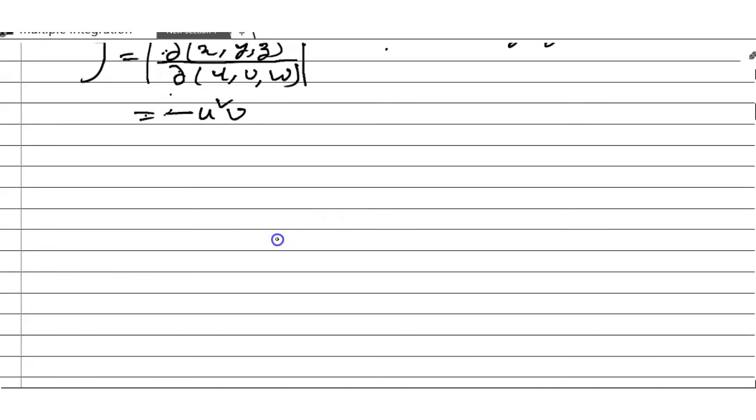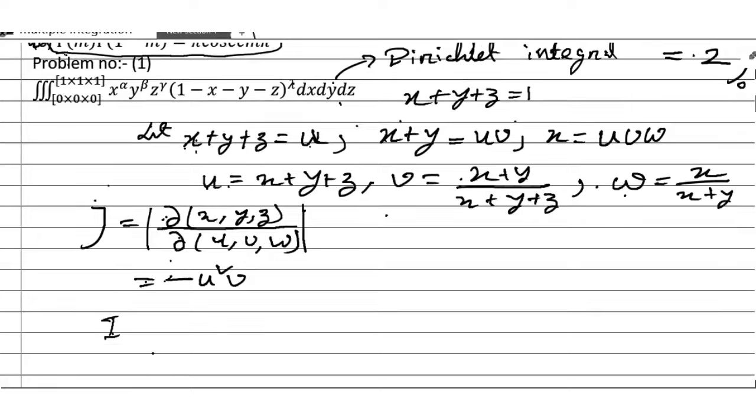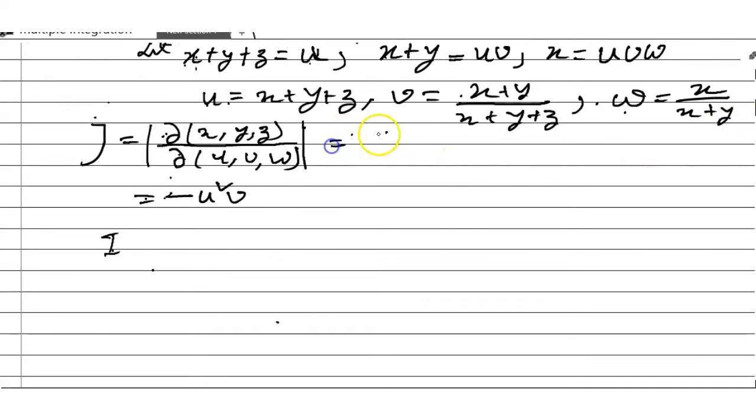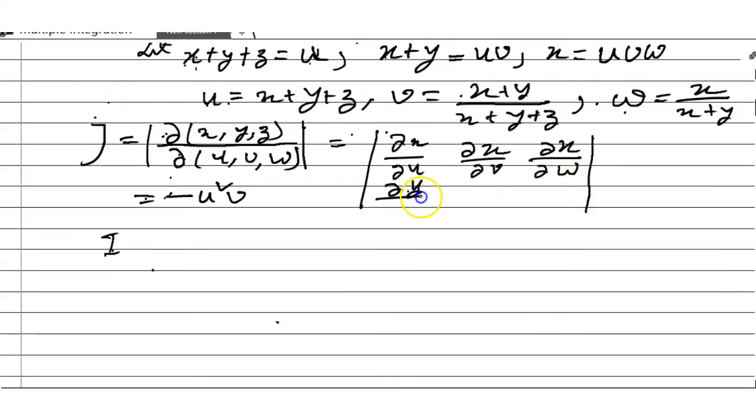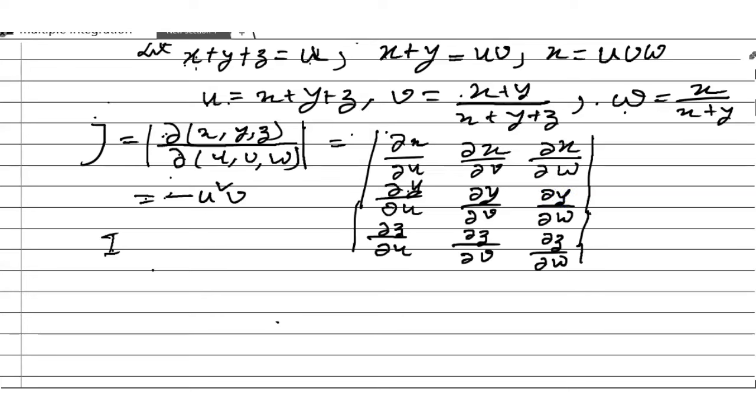Now I equals, so friends, what is the main problem? This is the Jacobian. Jacobian is transformation. The transformation is u squared v, because the Jacobian formula is the determinant of del x by del u, del x by del v, del x by del w, and del y by del u, del y by del v, del y by del w.